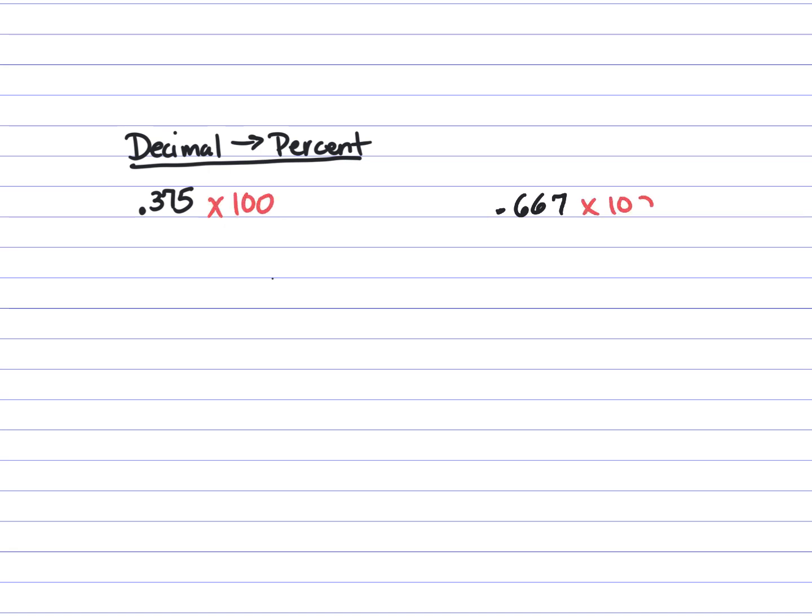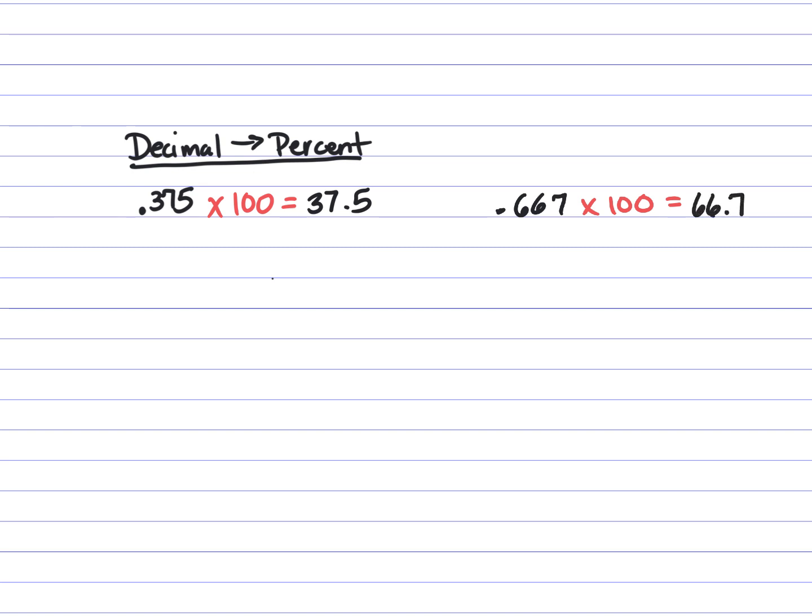So when I multiply 0.375 by 100, I get 37.5. And when I multiply 0.667 by 100, I get 66.7.